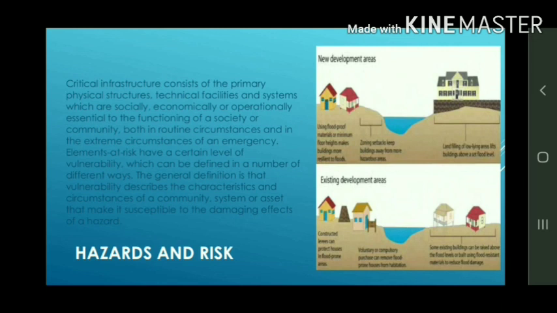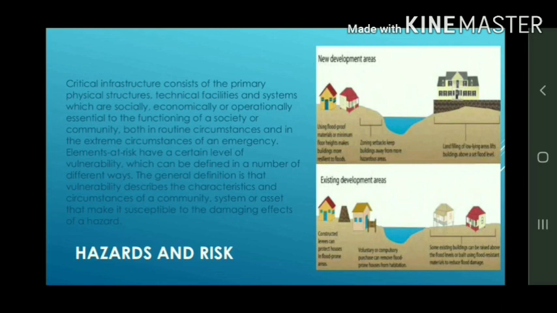Ang ibig sabihin ng resilient na word or term ay nangangahulugang matatag ang bahay mo sa mga dadating na pagbaha. Dagdag pa dito na dapat sundin ang Philippine National Building Code na siyang magiging batayan sa pagpapatayo ng mga flood resilient at earthquake resilient na mga gusali, gaya ng mga bahay at commercial establishment.